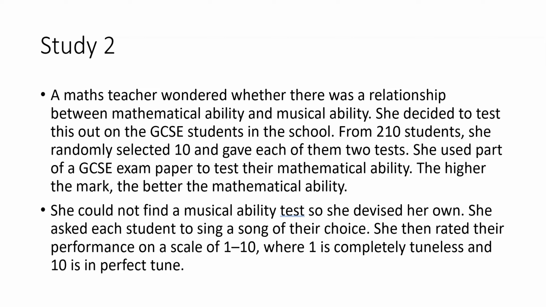Both of these variables are just being measured. The teacher in this study is not comparing 2 groups of students, only measuring their GCSE score and seeing if it's related to their musical ability. So this study is a test of relationship.